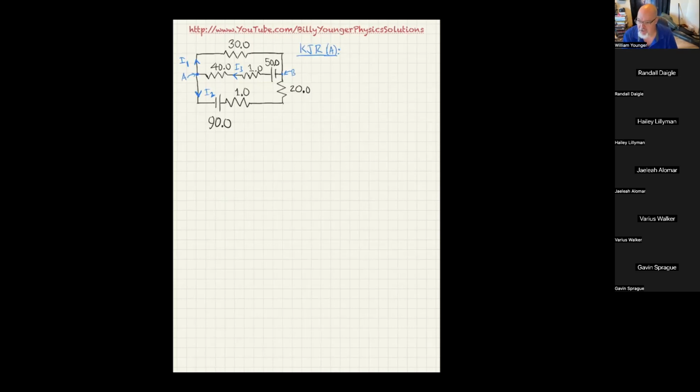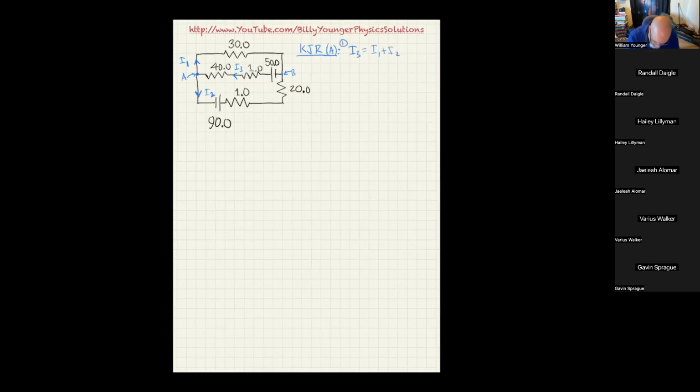If you have three junctions, two of them are useful, the other's just a repeat, and so on and so forth. So you're always going to use one less than the number of junctions you have. In this case, you'll see that I3 is coming in and I2 and I1 are coming out. So the actual junction rule that we get here is I3 is equal to I1 plus I2. And I'm going to call that equation 1.